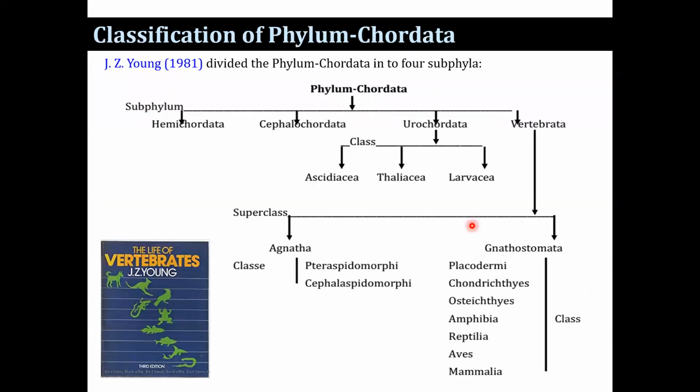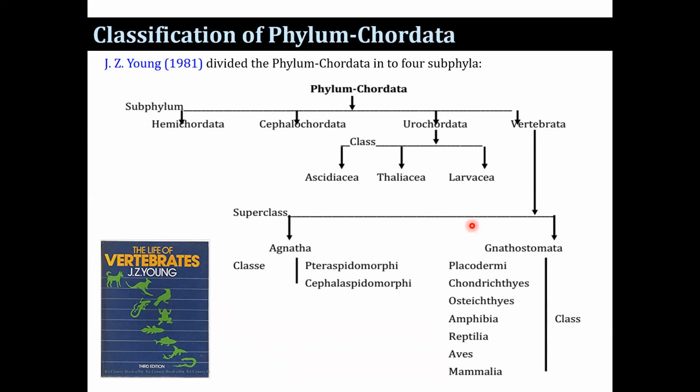So, this is the classification scheme of the phylum Chordata as per Young, 1981. They divided the phylum Chordata into four subphyla. As per Young, the Hemichordata are under the phylum Chordata, and the other subphyla are Cephalochordata, Urochordata and Vertebrata. Now, Urochordata is divided into three classes: Ascidiacea, Thaliacea and Larvacea.